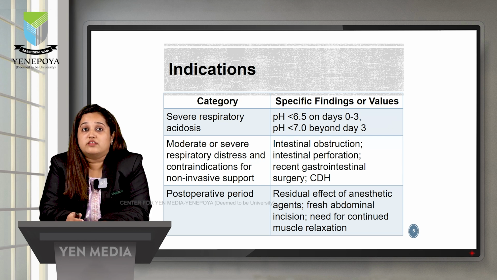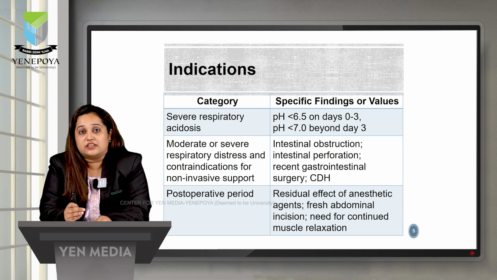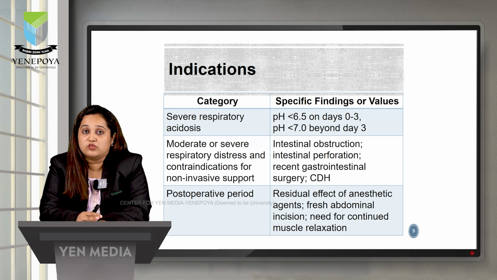Or if there are contraindications for non-invasive support. Now usually when we ventilate a baby, the first line of ventilating a baby would be non-invasive ventilation. But there are a few conditions where we cannot go with non-invasive mechanical ventilation. We have to go with the invasive mode of mechanical ventilation only. What are those cases?